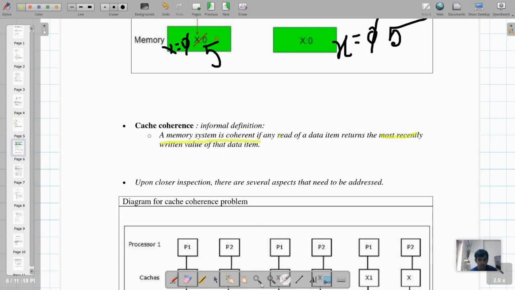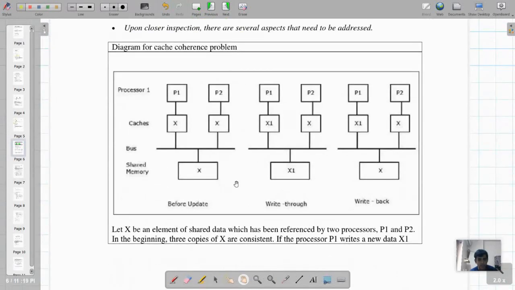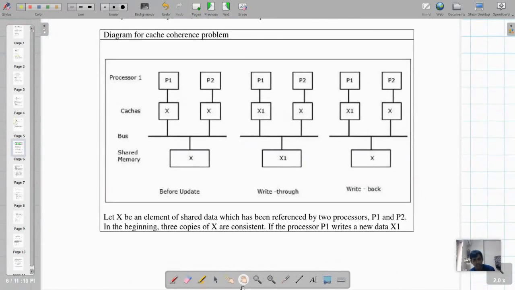Just like our previous example, have a look into this example. Here you have two processors, processor 1, processor 2, and into the shared memory, a data item X is there. Now, at the beginning, processor P1 accessed this data item and it is loaded into its native cache.